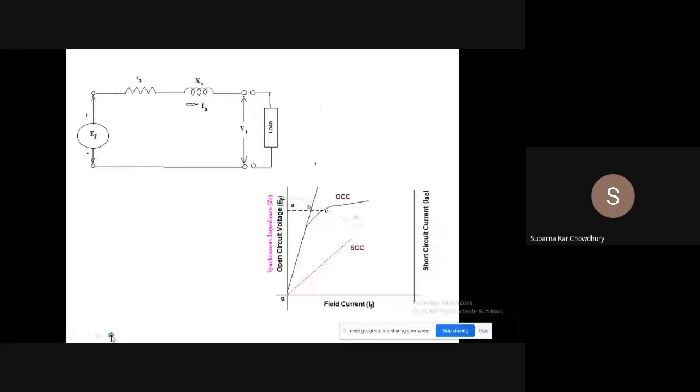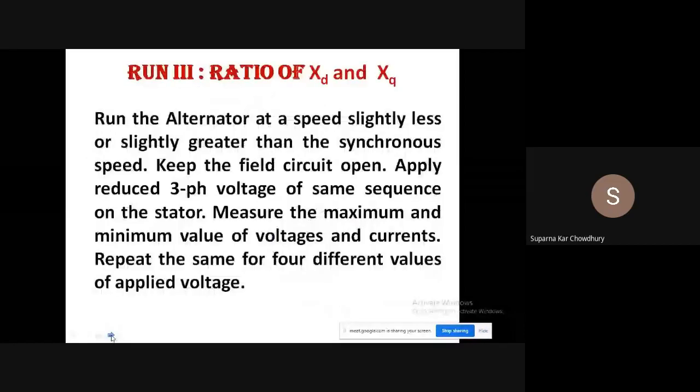The next run is to determine the ratio of Xd and Xq. That is, we will perform the slip test. For the slip test, the alternator is run at a speed slightly less than or slightly greater than the synchronous speed, and a positive sequence reduced three-phase voltage is applied to the stator winding.